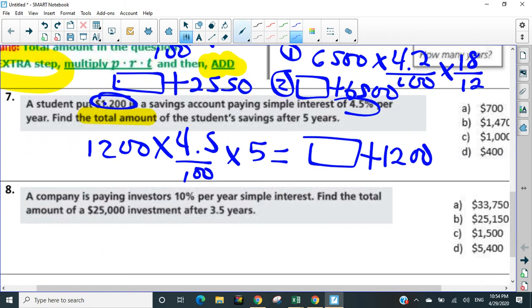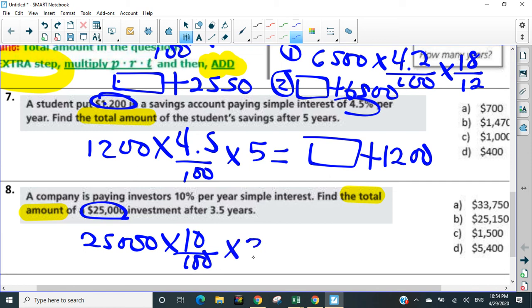For number 8, the same thing. It's asking to find the total amount of a 25,000 investment after so many years. So this is your money, $25,000 times 10% out of 100 times 3.5. That will give you an answer, and it will be added with your principal, which is 25,000.